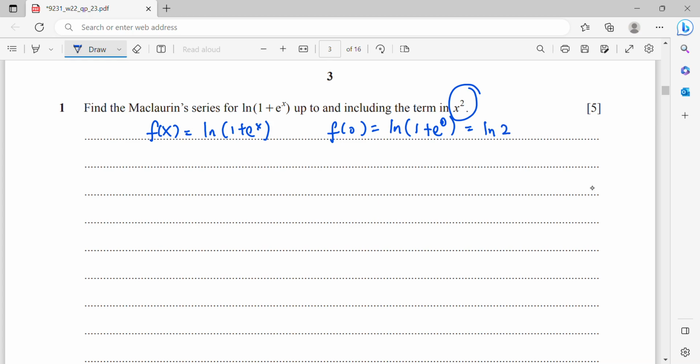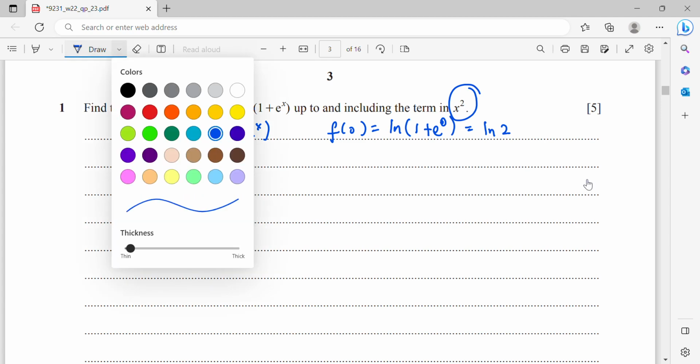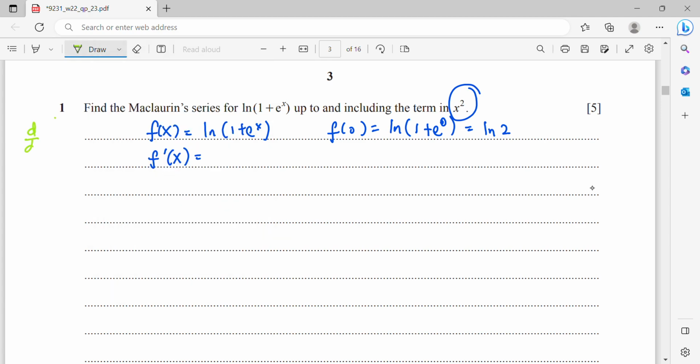Now we need to differentiate to find f prime x. The formula for differentiating ln f(x) is f prime x over f(x), with the numerator being f prime x.